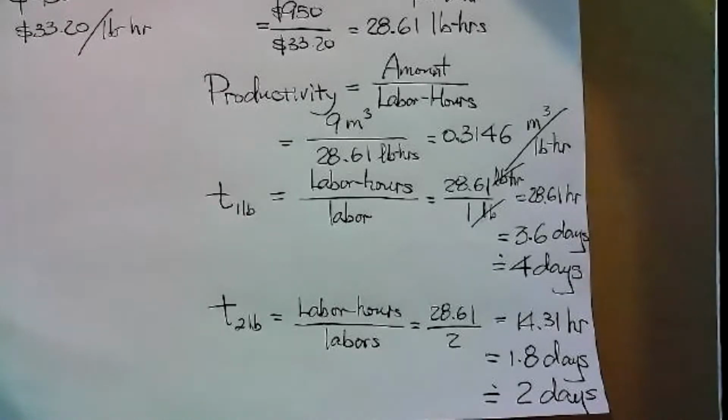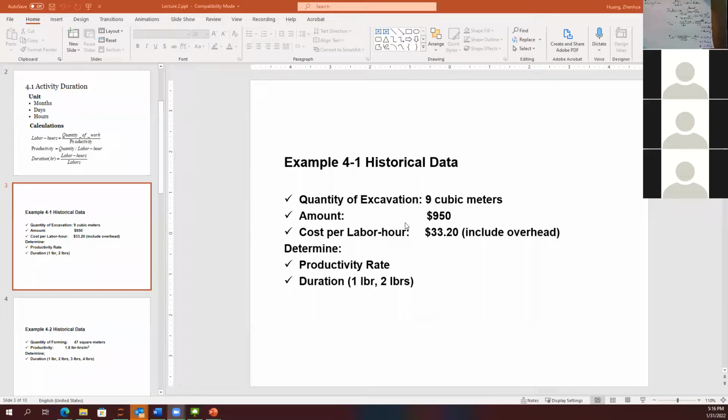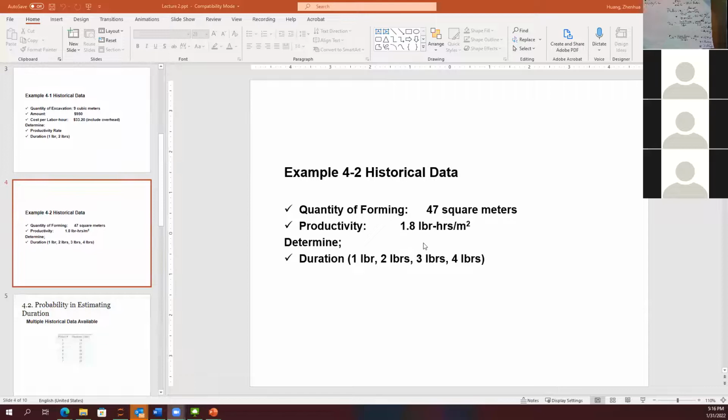Any other questions? Let's see. Then, okay, I will let you work on this one. Number 2, very similar. I have a quantity of work, 47 square meters of forming work.